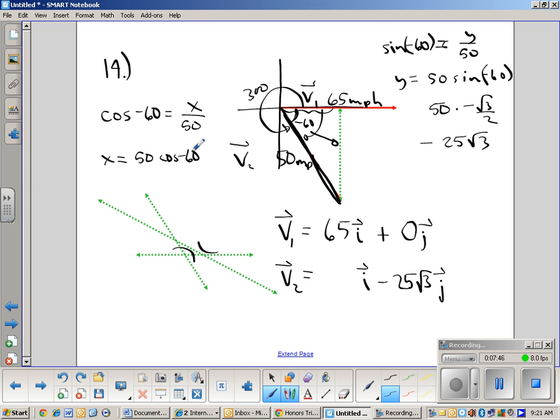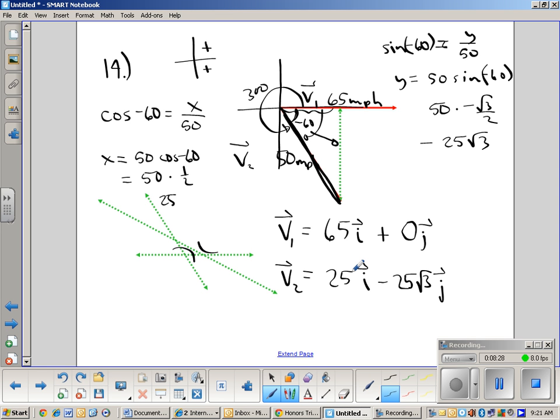What's the cosine negative 60 equal to? Not really, they tricked you this time. It's a positive 1/2. I didn't mean to say negative. Cosine is positive in this quadrant and this quadrant. So negative 60 is in that quadrant, so it's still positive. So this is equal to 50 times a positive 1/2, which is 25. Okay?